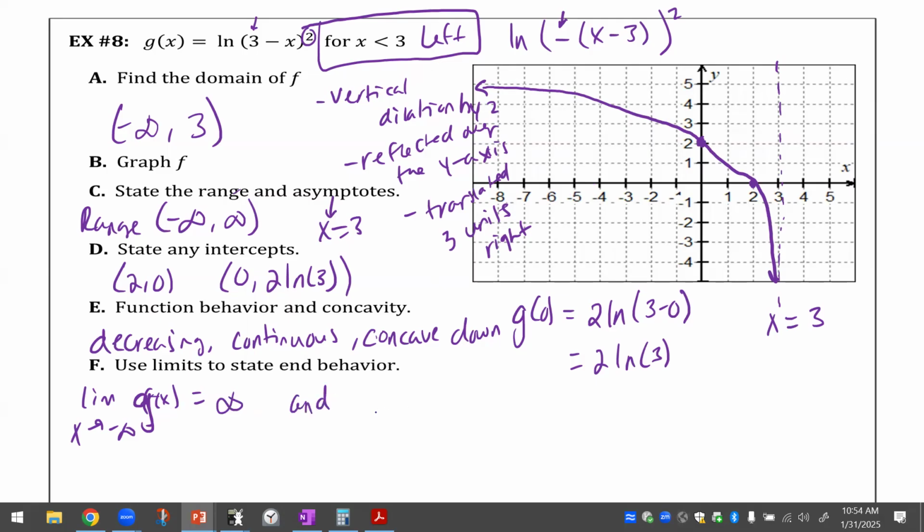And the limit as you approach 3, but from the left. If I'm coming from the left, what is g of x doing? It's heading towards negative infinity. Even though on the graph of the calculator it looks like it stopped, it is continuing. Got it? And that concludes this part.